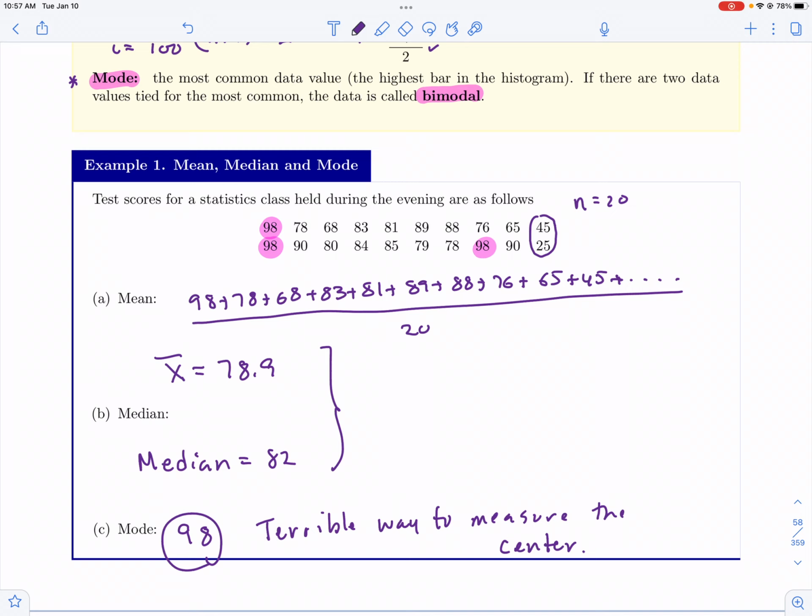So that 25 and 45 that really weren't representative of the rest of the data are still getting thrown into the average. The fact that they were on the low end is what pulled that mean to the left, down from about 82 closer to 78.9. So outliers can affect the mean. That's a big thing to remember.